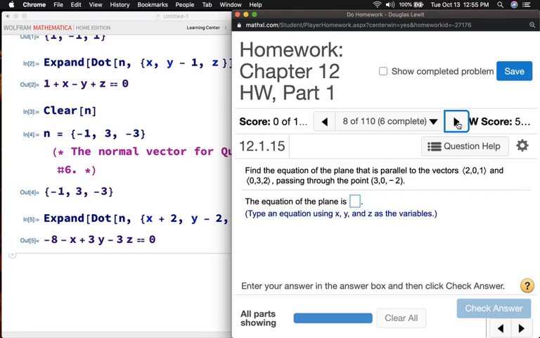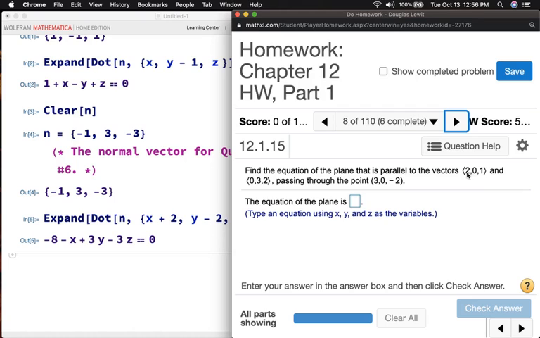Find the equation of the plane that is parallel to the vectors 2, 0, 1 and 0, 3, 2, passing through the point 3, 0, negative 2. Let me think about this for a moment.